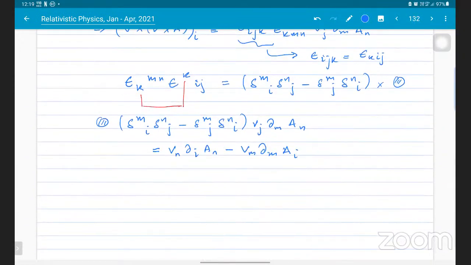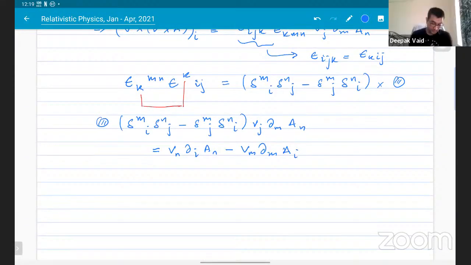So gradient of v dot a. Okay. So now if you look at this expression, this is the RHS, right? Now let's look at the LHS of the expression, gradient of v dot a.